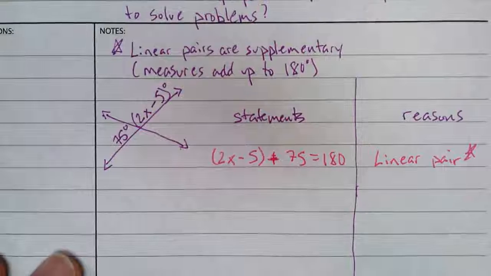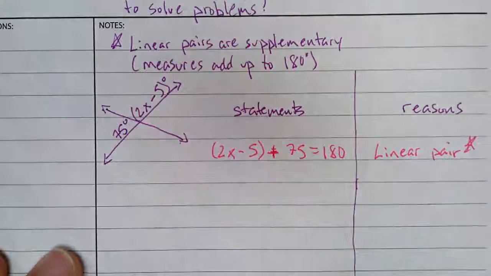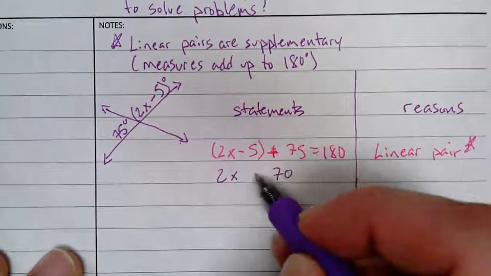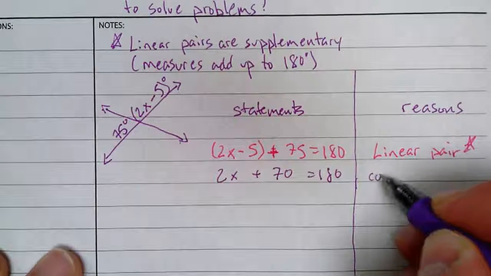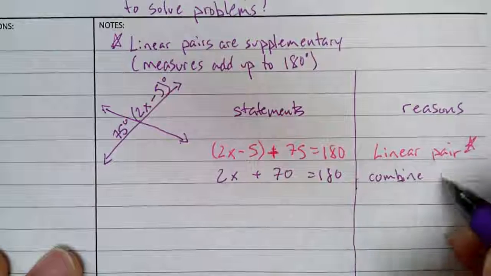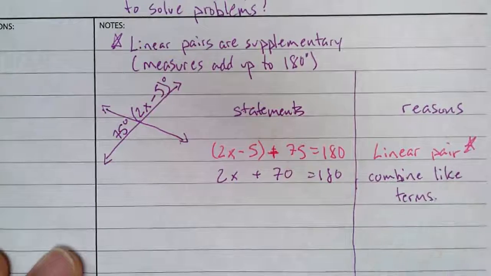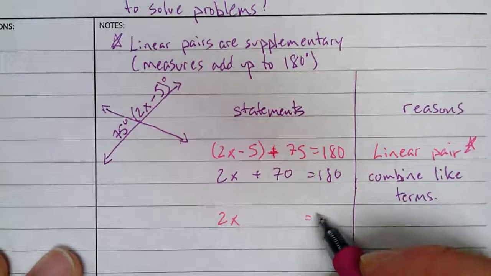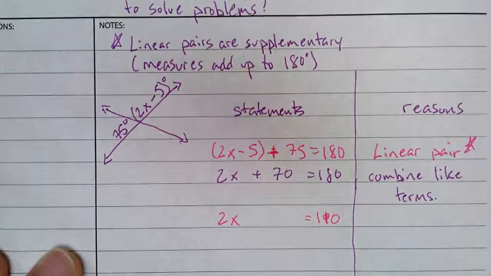All right, so first thing we are going to do is combine negative 5 and 75 to make 70. All right, now right here's a note: combine like terms. Next, we're going to take 70 away from each side. So that'll give me 2x equals 110.